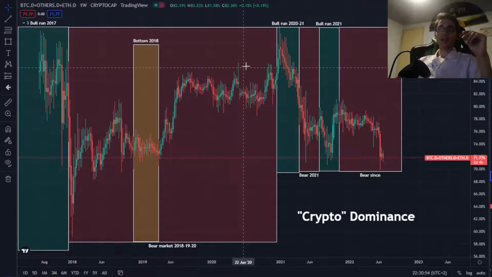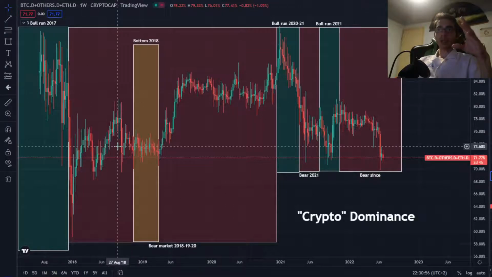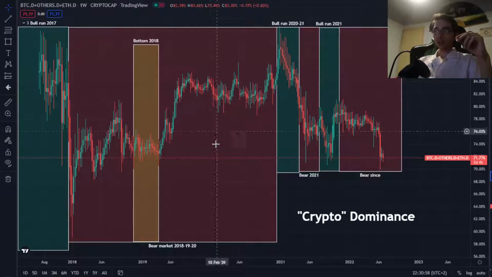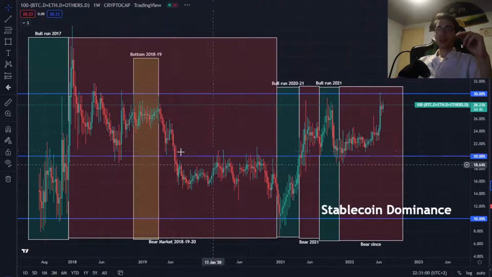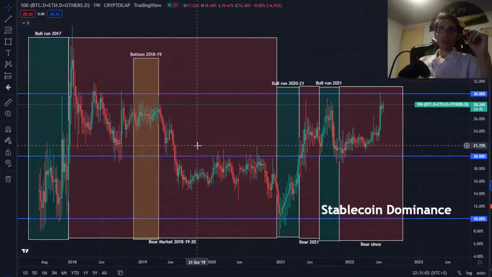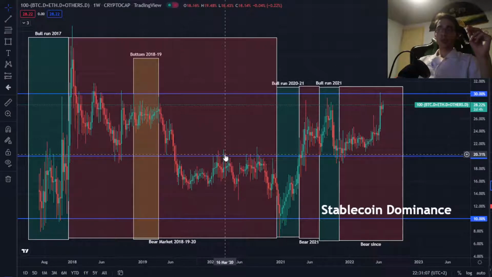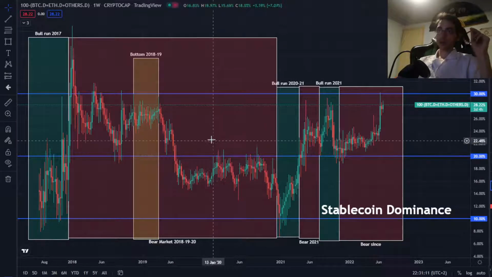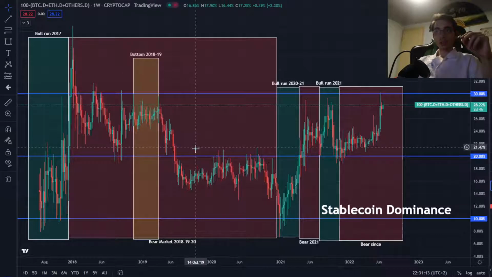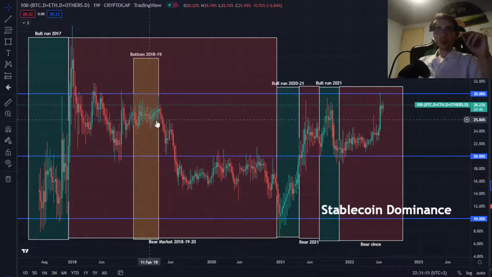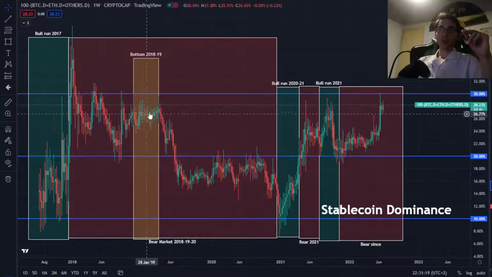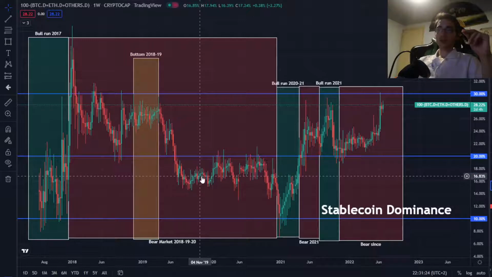Here we have an uptrend on the crypto dominance and a downtrend in the stablecoin dominance. And that means that in the stablecoin dominance, we're seeing people entering the market. Meanwhile, the market was going downturn and was in the abyss, here we had 3K, okay, and since then it just went off.